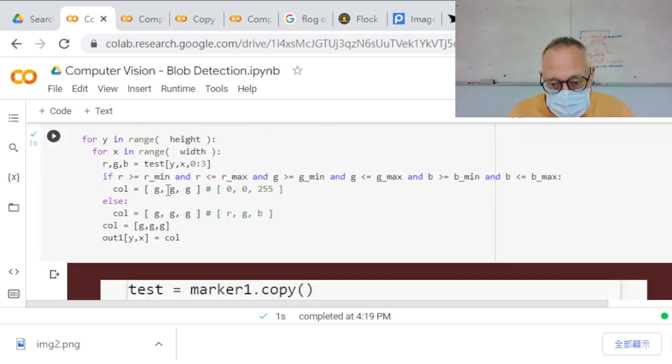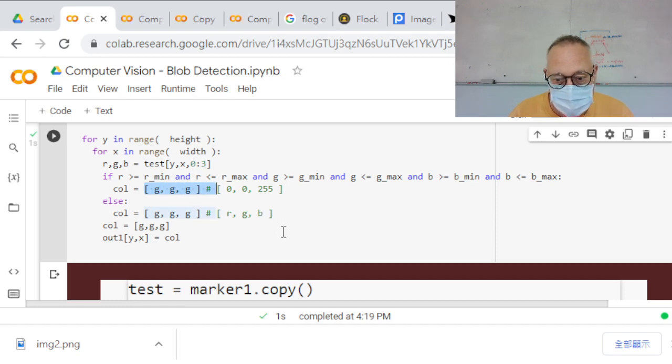So this is red, green, blue. And the colors, let's just make sure we got the colors correct. So red, green, blue component.